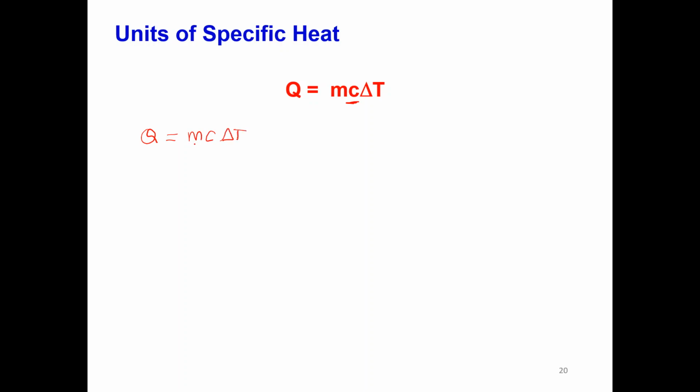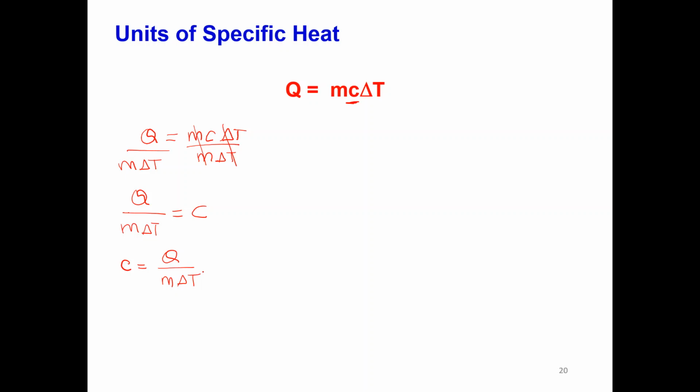If we want to solve for the specific heat, we need to divide on both sides by the mass and the delta T. Finally we have the heat over mass times delta T equal to C. Let's write this one like that.